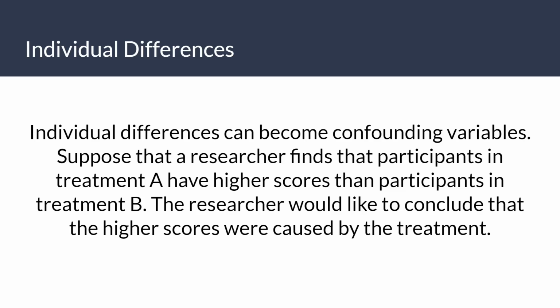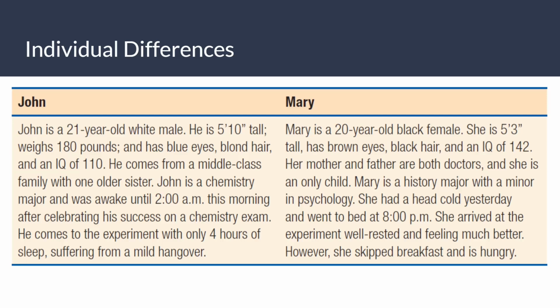For example, remember in the previous slide that Mary has an IQ of 142 and John has an IQ of 110. We made Mary drink coffee B and we made John drink coffee A. And then after that, we measured their capability to be attentive and to memorize. And then we concluded that coffee B is better because Mary scored higher.